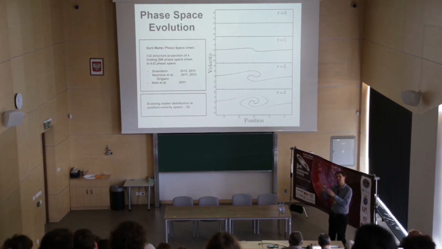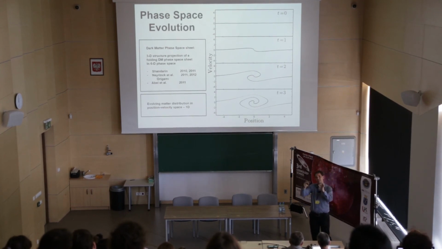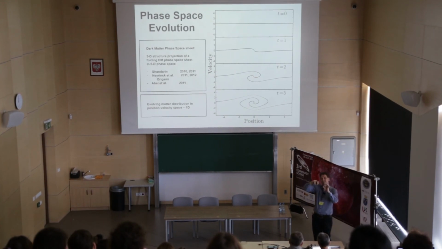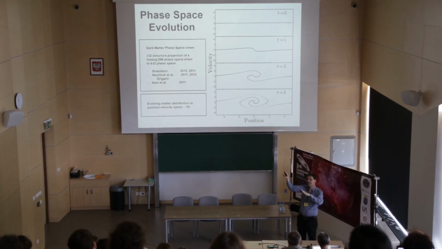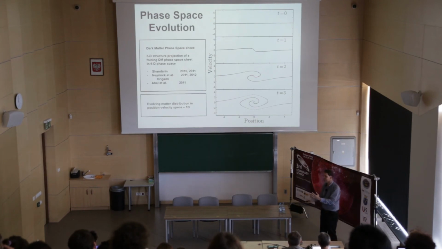So the distribution is not a peak in the density. You should see it like a sheet in a 6-dimensional space. Here it's a line, but in reality, it's a 3-dimensional sheet in a 6-dimensional space being wrapped by gravity. That's a much more natural way of explaining this.